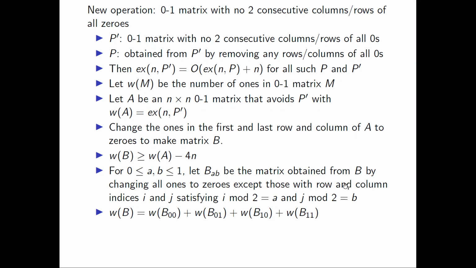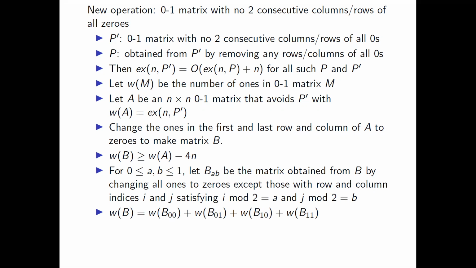So these BAB matrices, we obtain them by turning some of the ones to zeros in some of the columns. And we can see that all of the ones in our matrix B are in at least one of the BAB matrices. And in fact, they're in exactly one of the BAB matrices.